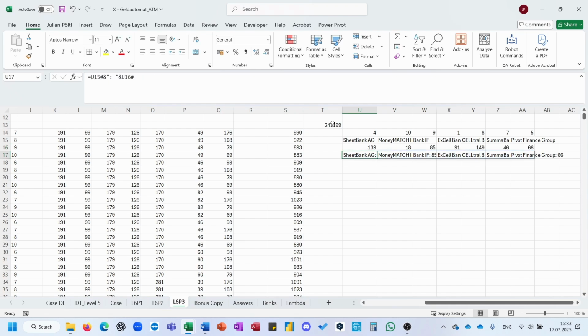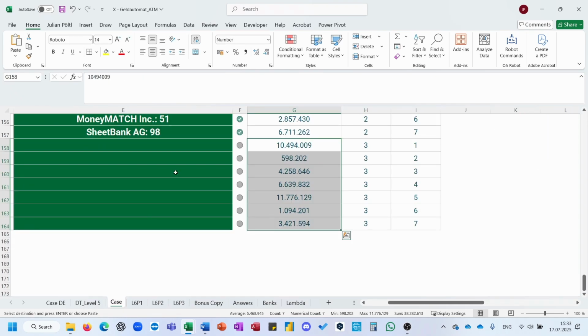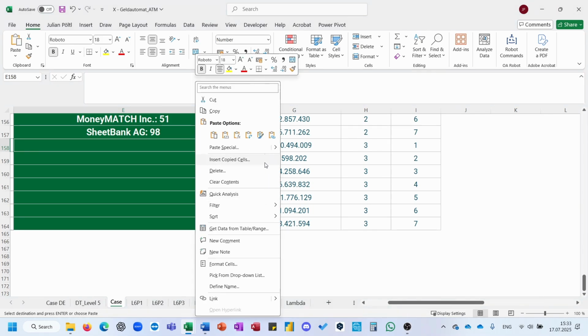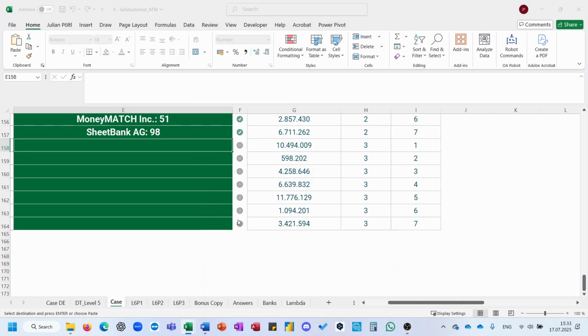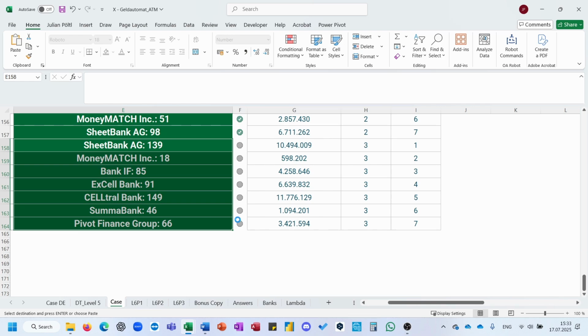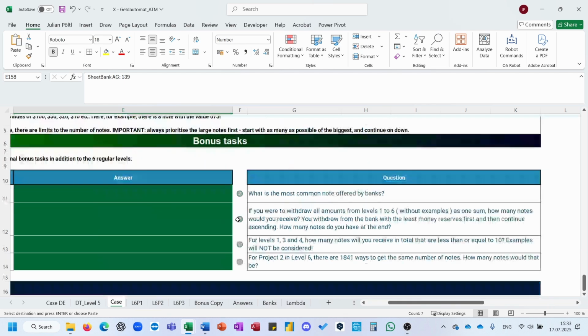I then need to use the row here. Okay, here we go. Copy this in. And we have solved, at least, hopefully, in the near future, all the levels.